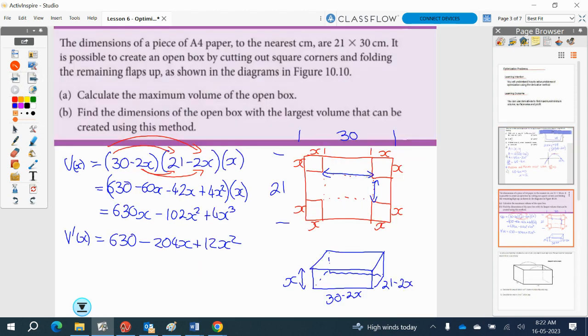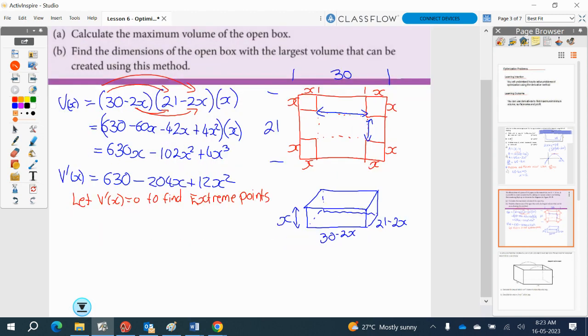So we let f dash of x equal 0 to find extreme points. Maxima and minima are types of extreme point. We use maxima and minima as the plural of maximum and minimum. We don't say maximums.